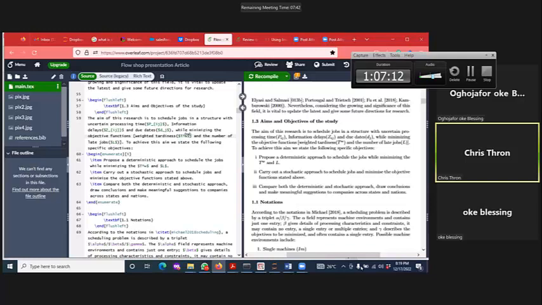Well, I certainly think that's a good start. You have a deterministic approach. Well, instead of deterministic approach, you can say linear programming approach. Oh, linear programming. Yes, okay, I'll correct that.